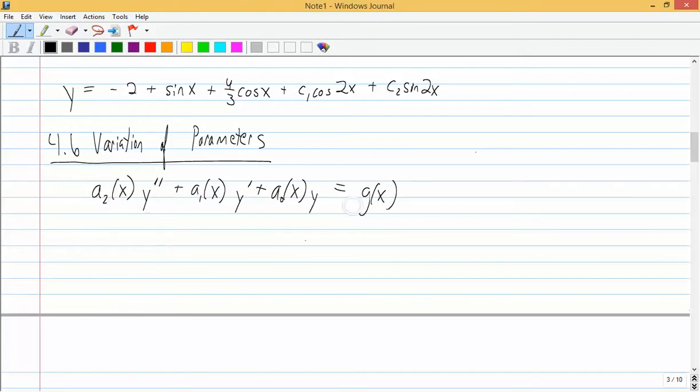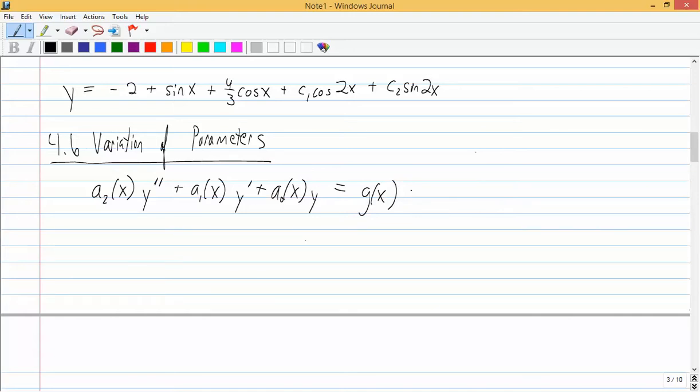You can have some function of x in front of the y double prime. You can have some function of x in front of the y prime. You can have some function of x in front of the y, and it's equal to some function. That's just a general form.